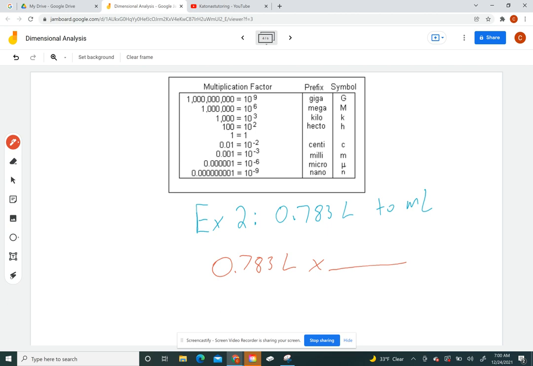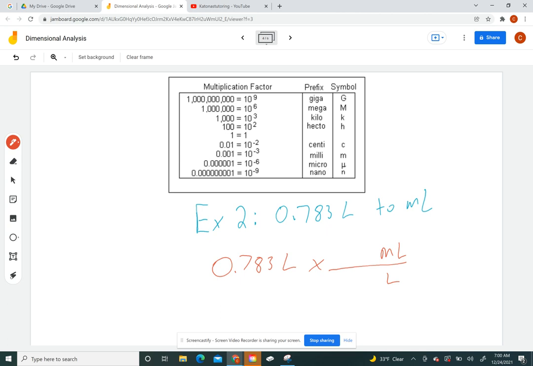So let's look here. I know I'm going to have liter on the bottom, and I'm going to have milliliters up top. Now, milli is 10 to the negative 3. So if we think about it, 1 kilogram is 1,000 grams.